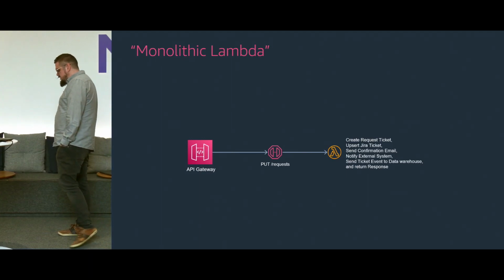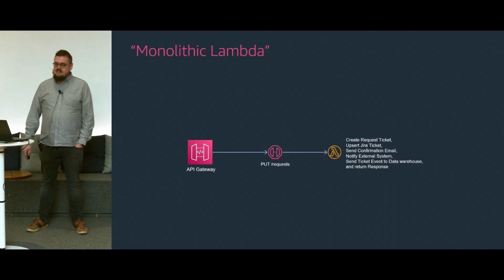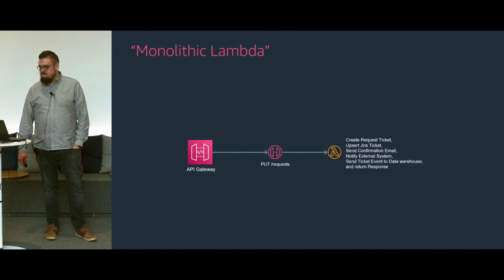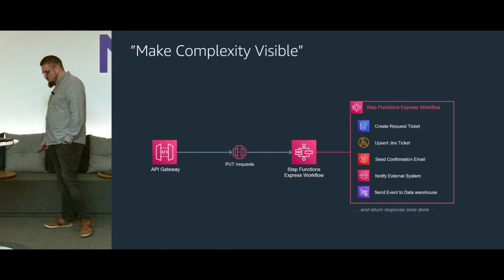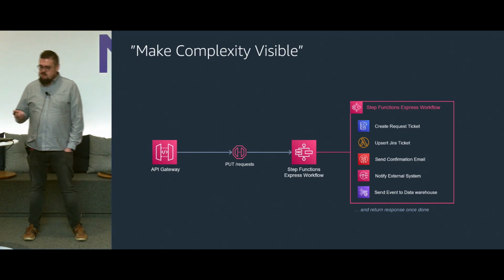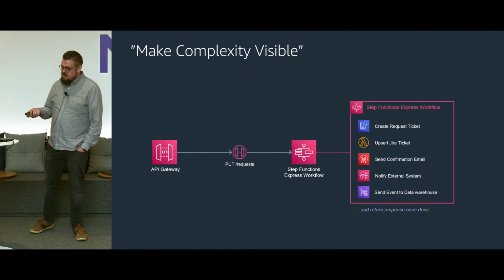So try to avoid these monolithic Lambda functions. It's a pain in the butt to create them and manage them, but also it sort of hides the complexity. Instead, think about making the complexity more visible or more explicit. And one way you could approach this is that you could use Step Functions.